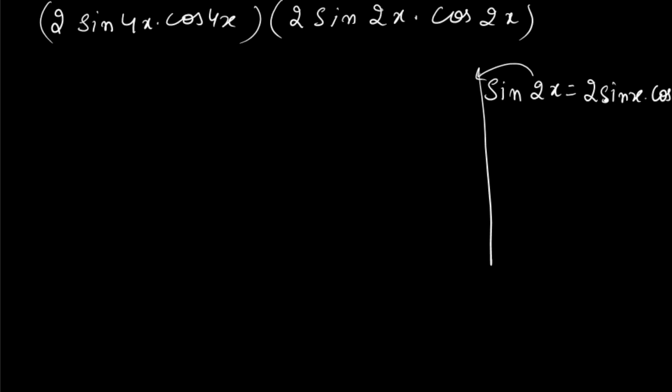So sine 2x is equal to 2 sine x into cos x. In the same way, we have gotten this form on the right-hand side, 2 sine x cos x. So this 2 will just multiply with the angle, and we will write it in only the sine form.